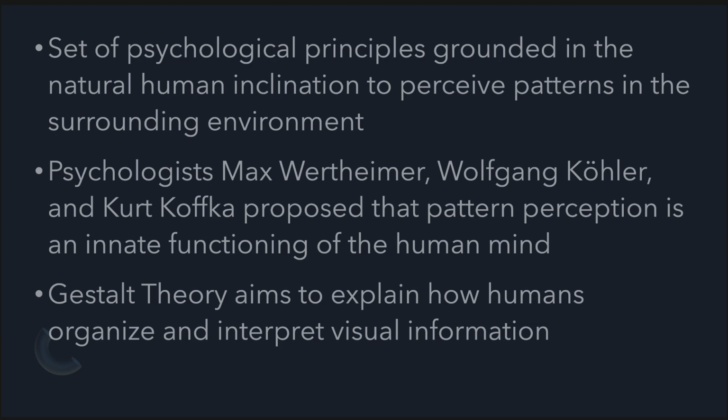And we use this in a very practical sense to try to understand how we should place things in, let's say, a work of art, or in a book cover design, or on a website. How do we help a human who's looking at our creation to perceive the patterns that we want them to perceive?